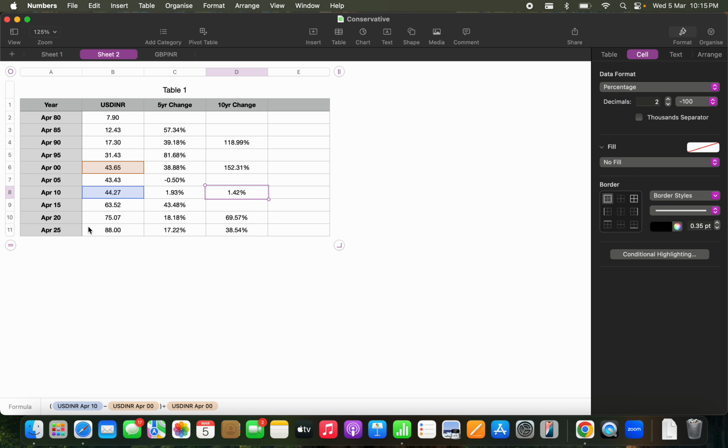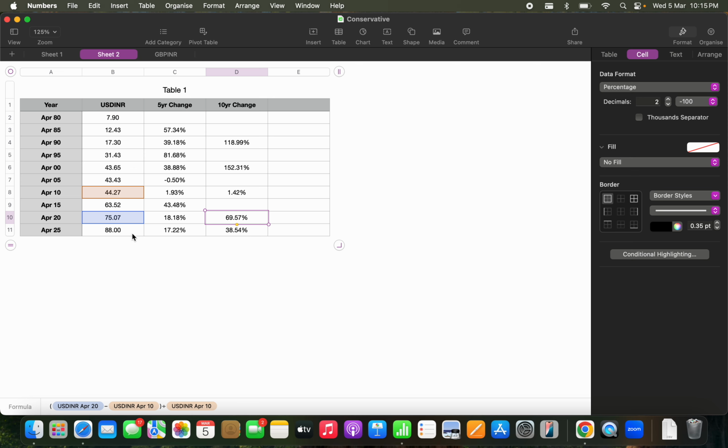From 2010 to 2020, we are seeing a depreciation of 69%. Now, a 69% depreciation is, with the exception of the extremely bearish 2008 phase for the US, the best performance that the rupee has experienced over a 10-year period.